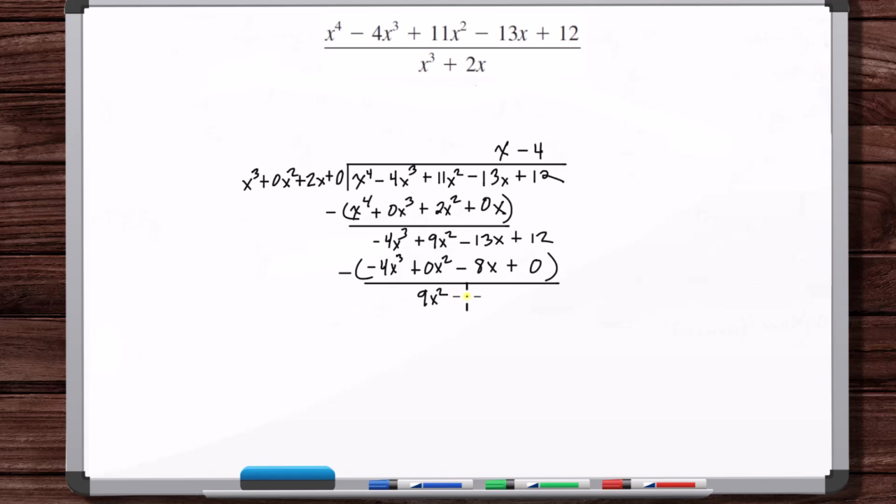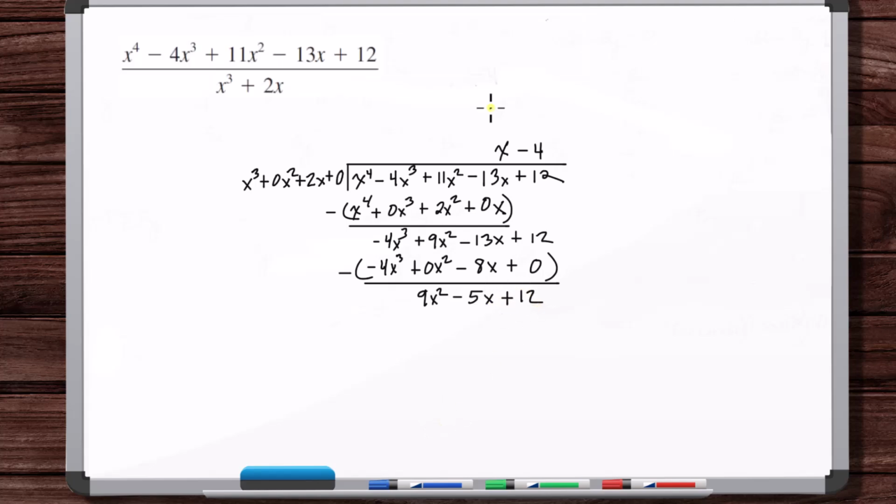Minus 13 plus 8 minus 5. Okay, so we've got x minus 4 plus 9x squared minus 5x plus 12.